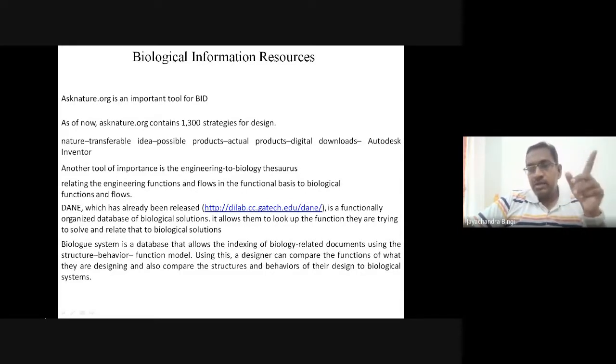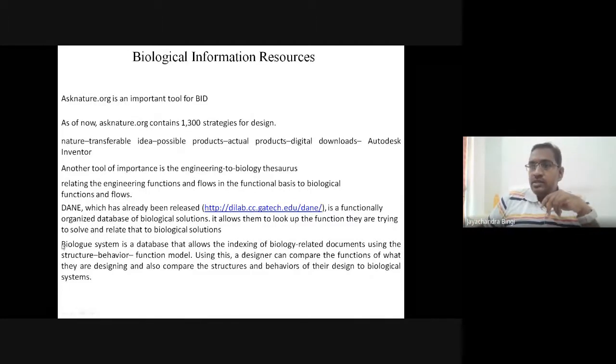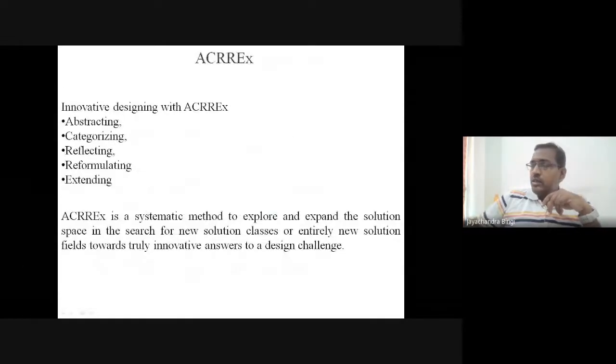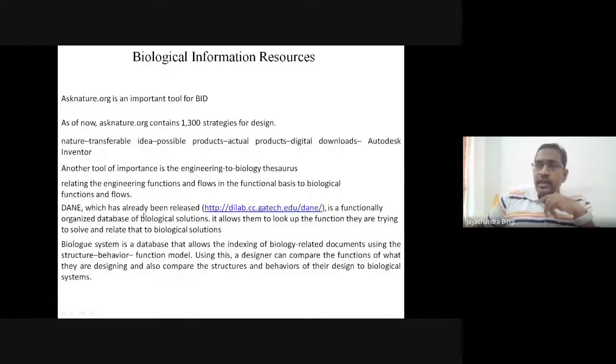Because last time somebody asked how we have to decide which system is suitable. So Ask Nature is one, because the other one, the Biolog system, seems it's not working now. Dane, anyway, you can work on. You just look at this one. This is developed by an Indo-US professor. It is also based on functionality.